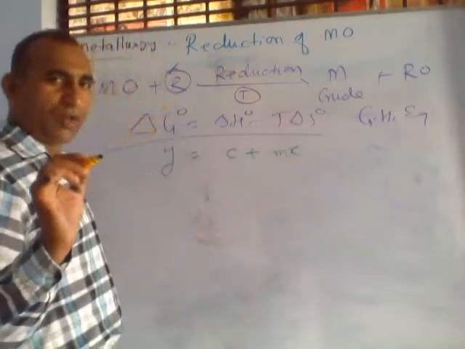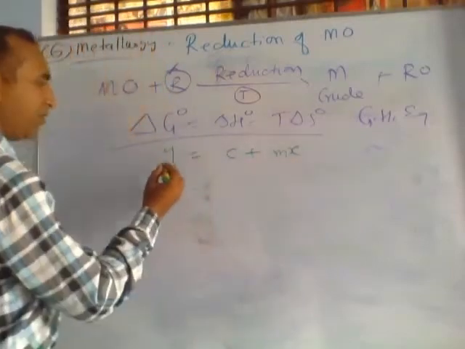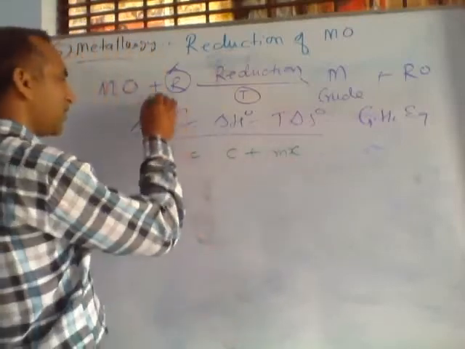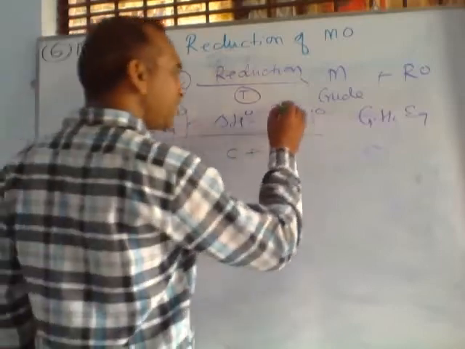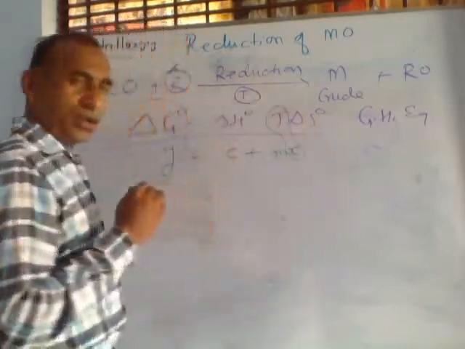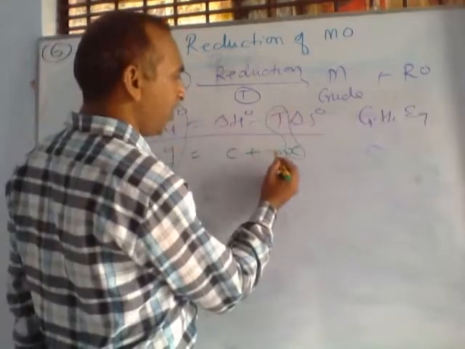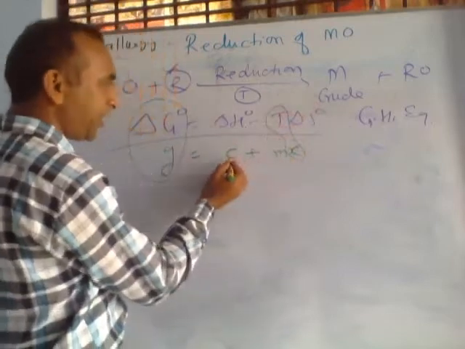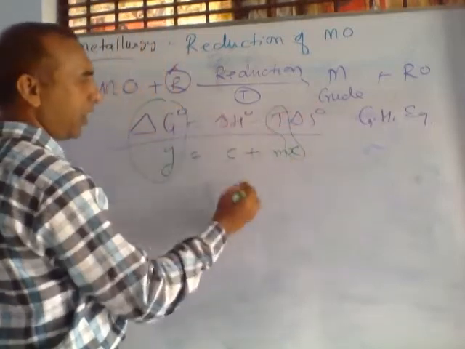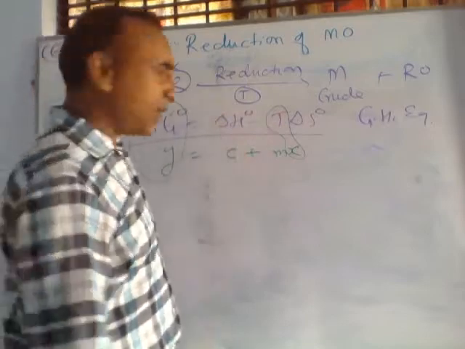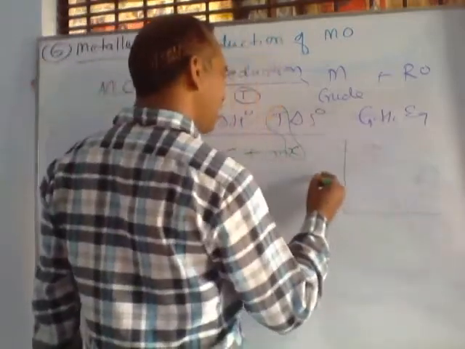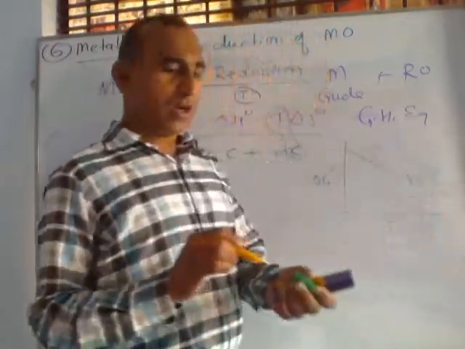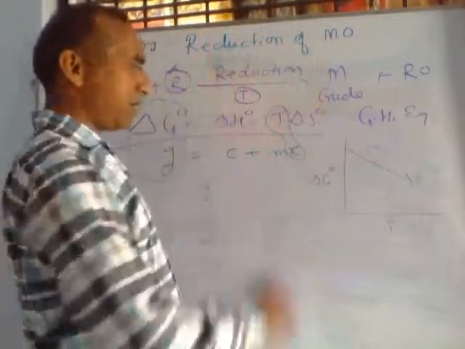If we plot a graph between y and x, here y is this and x is T. Then the slope will be del S naught and the intercept del H naught, and the value is minus. It represents that if we plot the graph between del G naught and temperature, then the graph will go downside due to the minus sign.